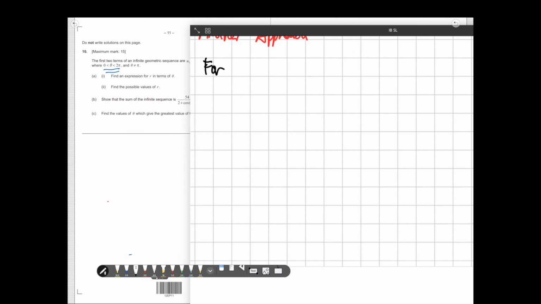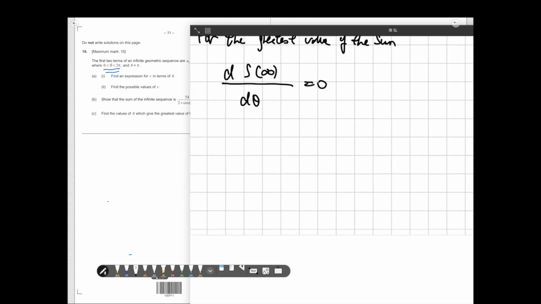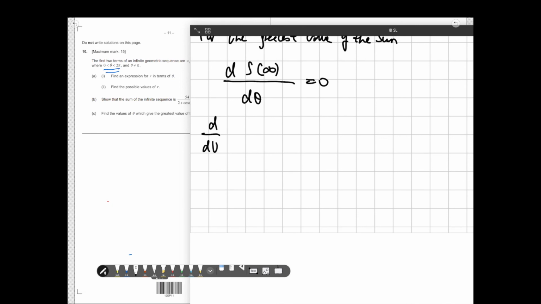Another approach is that for the greatest value of the sum, we can do differentiation. So differentiate the infinite series with respect to theta, because it changes with theta. And then we have d/d theta of the function 54 over 2 plus cosine 2 theta.